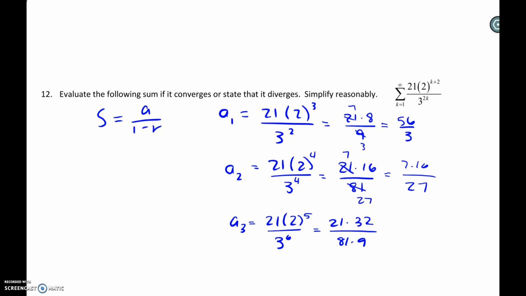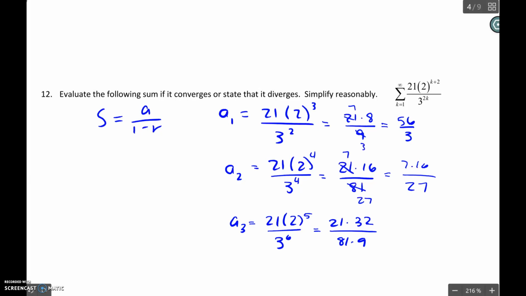What are we multiplying by? Our first term is 56 over 3. Each time I'm multiplying by 2 on the top, because it's 2 cubed, then 2 to the 4th, then 2 to the 5th. On the bottom I start with 3 squared, then 3 to the 4th, then 3 to the 6th, so I'm multiplying by 3 squared each time.